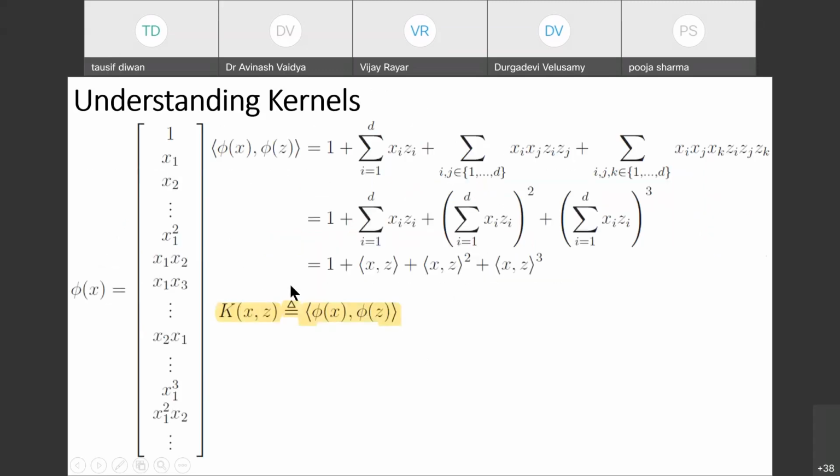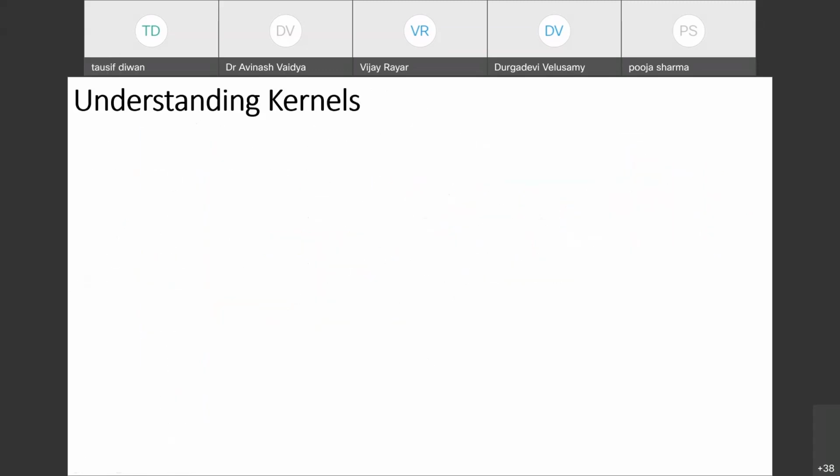See one more example. Okay, before this example, just look at this. The depth of the kernel and the meaning of this. Suppose this is the kernel that we are interested to define, K of x, z. In every backpropagation algorithm or in every model convergence, we need to multiply the two feature vectors or two attribute vectors.